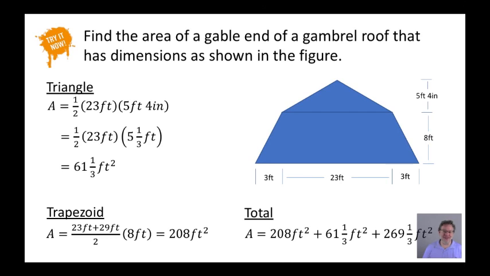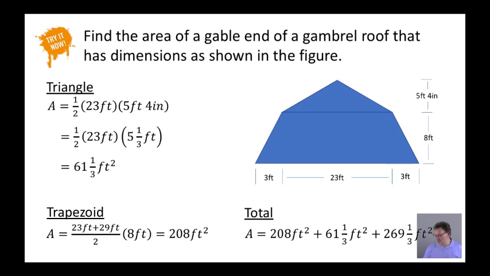We can convert everything to inches if we want, or we can describe 4 inches as a fraction of a foot. 4 inches is 1/3 of a foot, so we can describe 5 feet 4 inches as simply 5 1/3 feet. And so we do. 1/2 base times height becomes 61 1/3 square feet. That's the area of that upper triangle.